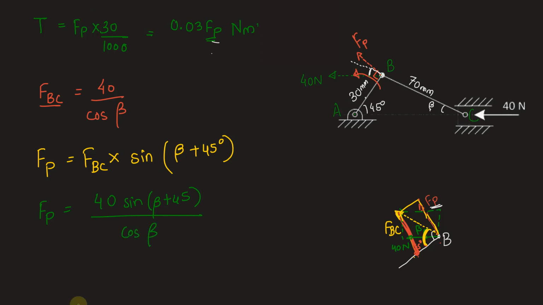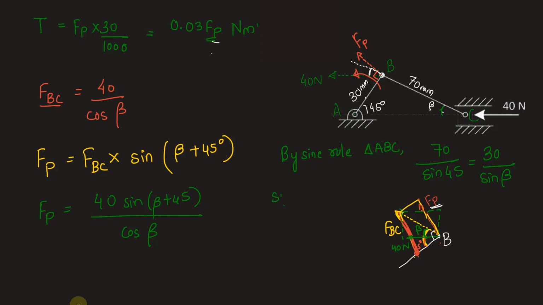Now our job is to find out beta. Beta can be found out using sine rule. So by sine rule for triangle ABC, we will have opposite side 70 divided by sine of the angle opposite to it, 45 degree, will be equal to this side AB, which is 30 mm, upon the angle opposite it is beta. So we have upon sine beta.